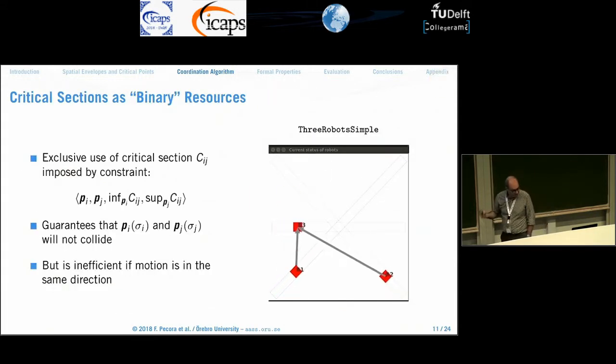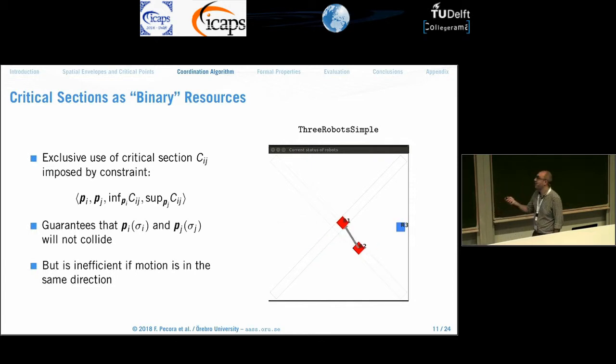So a first simple way in which we can bring about this kind of coordination is to compute the precedence constraints as follows. As you see in this example, we can see these critical sections. There are 3 of them here, 1 for every pair of robots. We can see these critical sections as binary resources, right? So we could compute constraints that impose the exclusive use of a critical section by one robot.